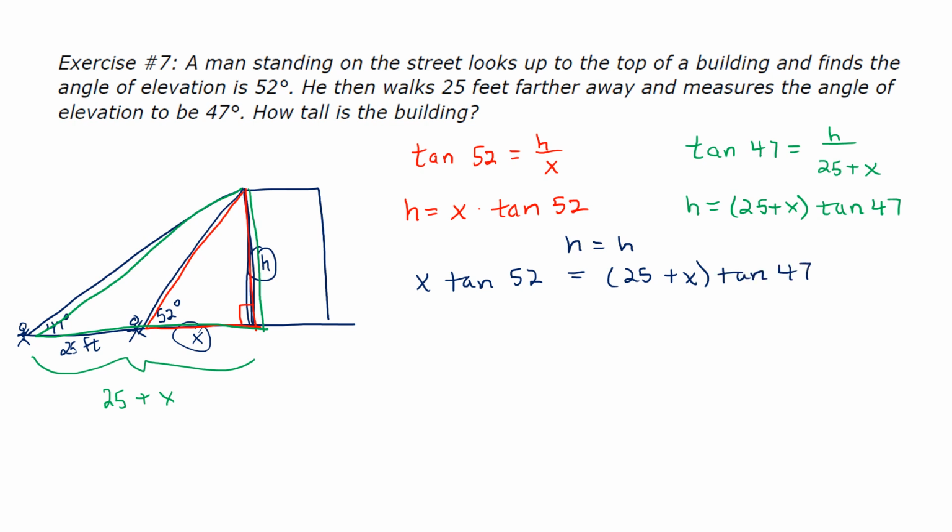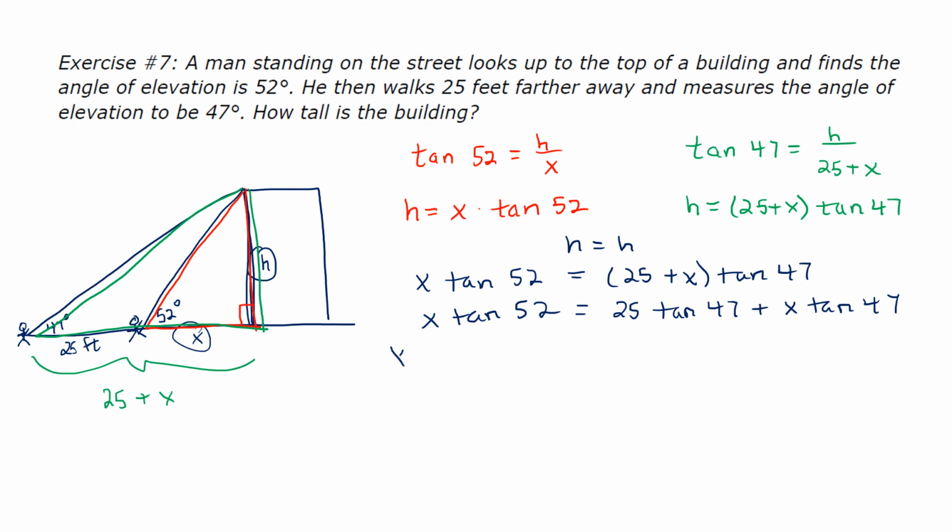And now I can use algebra to help me find x. So I'm going to distribute the tan of 47 on the right-hand side to each term. Then the left-hand side stays the same. I now will subtract the terms that have x to one side.